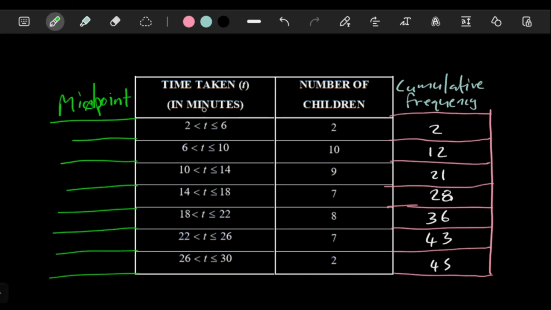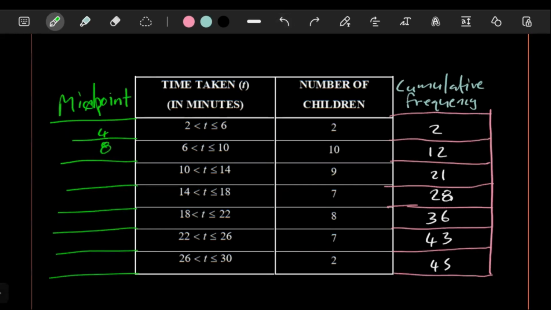So the middle of 2 and 6 is 4. The middle of 6 and 10 is 8. The middle of 10 and 14 is 24 divided by 2, that's 12. And then 14 and 18, what is 14 plus 18?